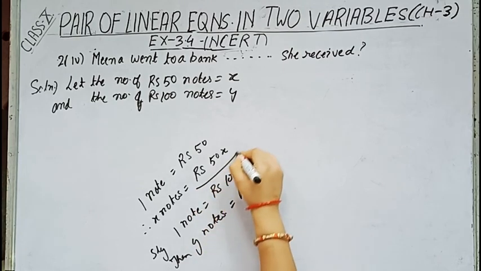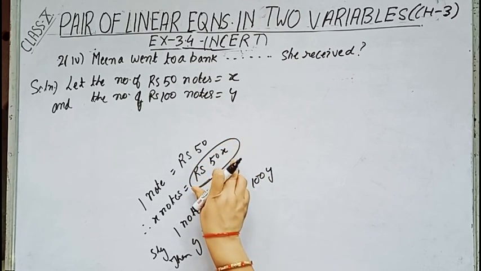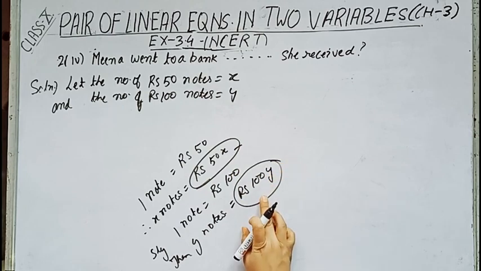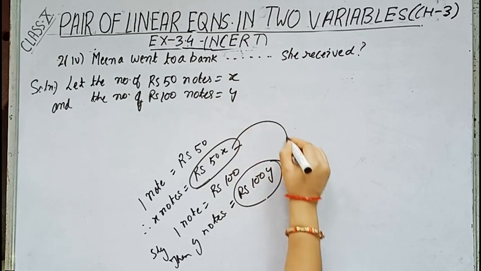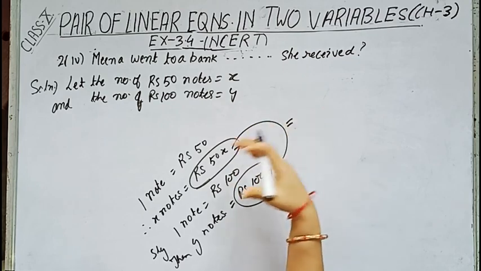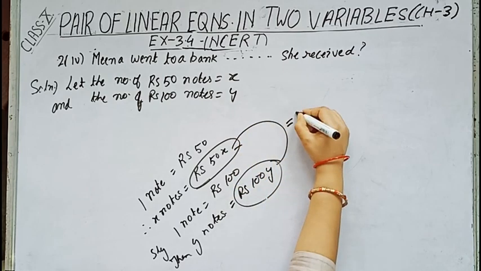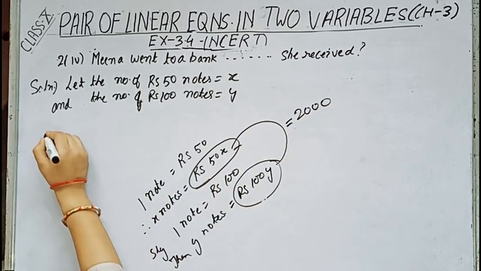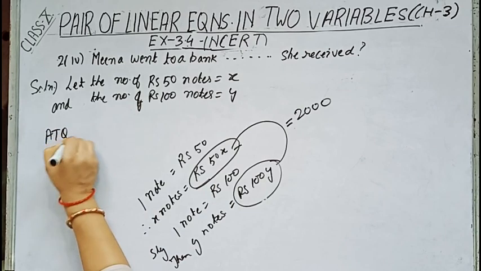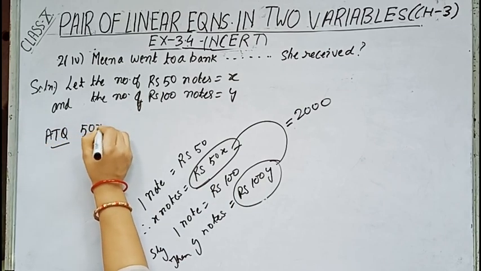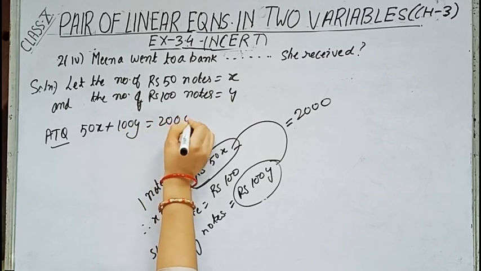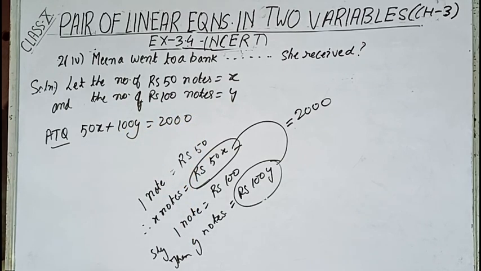So the total amount of 50 rupee notes is 50x and the total amount of 100 rupee notes is 100y, and the total amount she has received is rupees 2000. So we have got one equation. According to the question, 50x plus 100y equals 2000. I think you understand.